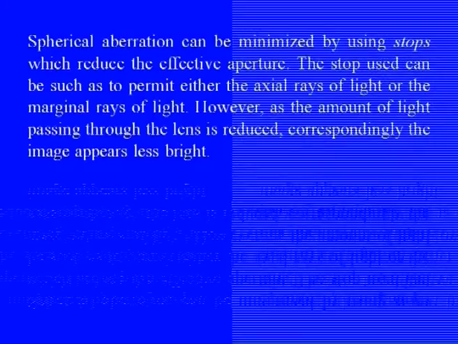The stop used can permit either the axial rays of light or the marginal rays of light, not both. However, as the amount of light passing through the lens gets reduced, correspondingly the image appears less bright.